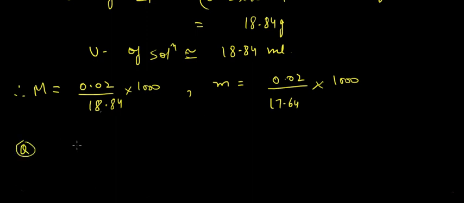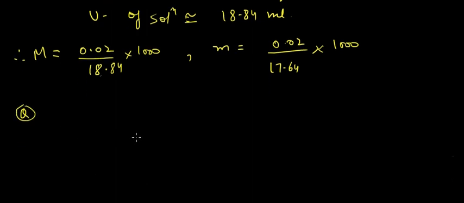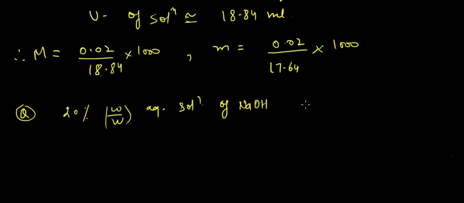Okay, next let's see another question where you have to convert 20% W by W aqueous solution of NaOH into molality as well as molarity, and you have been given that density is 1.2 gram per ml.